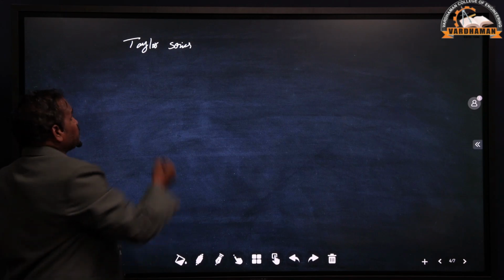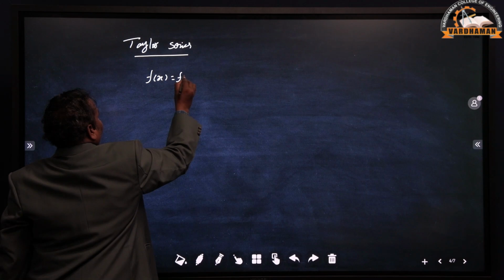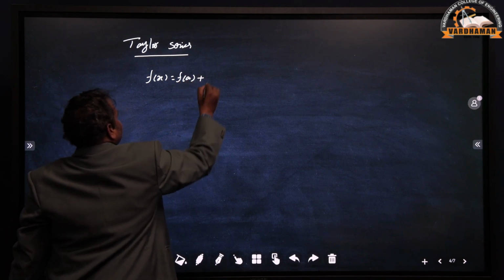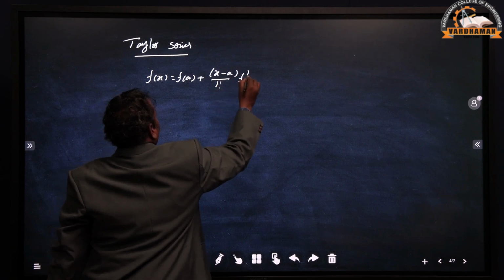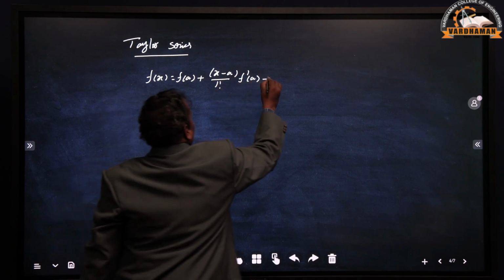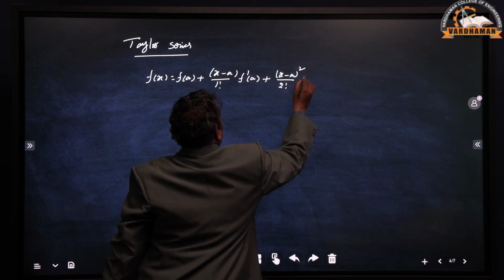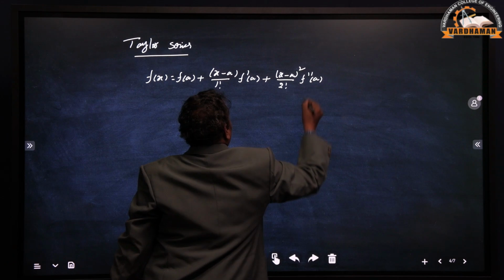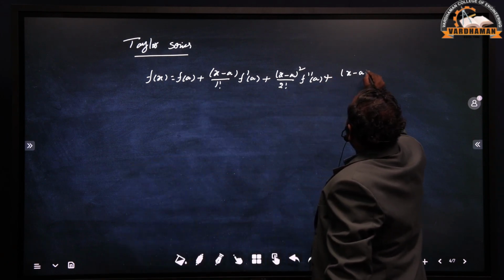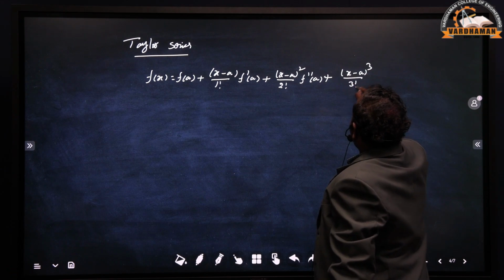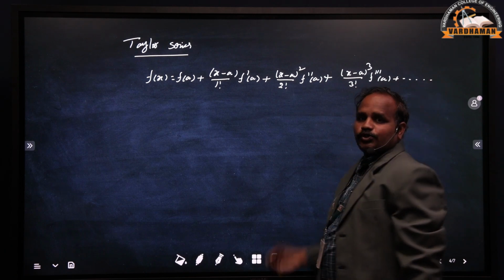The series expansion of the function f(x) is equal to f(a) plus (x minus a)/1! into f'(a) plus (x minus a) whole squared/2! into f''(a) plus (x minus a) whole cubed/3! into f'''(a) plus and so on.